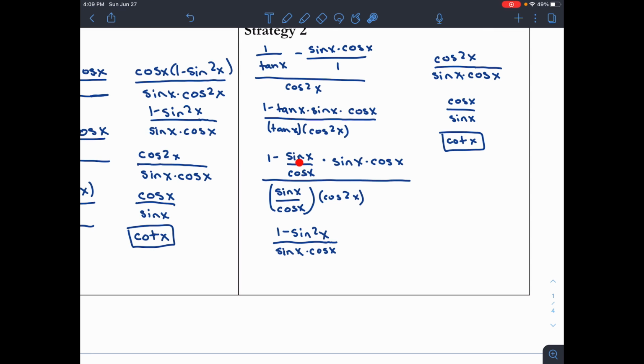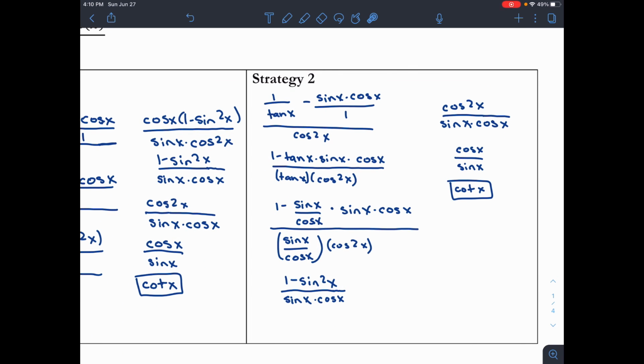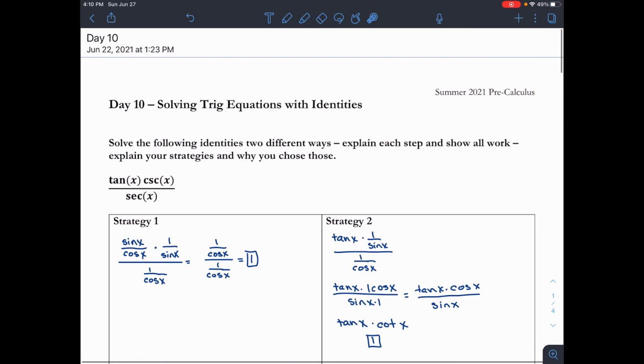And then tan equals sine over cosine. We multiply, we cancel this out, we multiply this together. We got 1 minus sine squared x over sine times cosine. And then we can simplify this and this. We get this, and then we can also simplify the cosine. We get this, and we know that cosine over sine is cotangent. And yeah, that's why I chose those strategies.